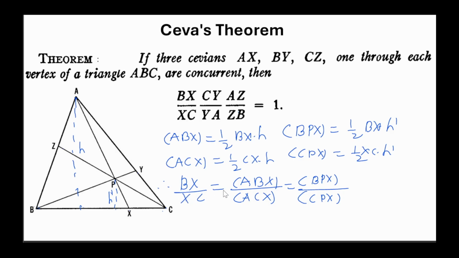Therefore, BX upon XC is equal to area ABX upon area ACX is equal to area BPX upon area CPX. So now we come to know that the areas of triangles having the same height are proportional to their bases.